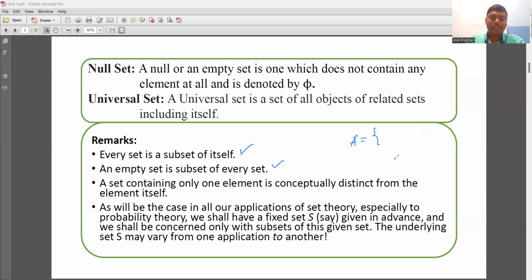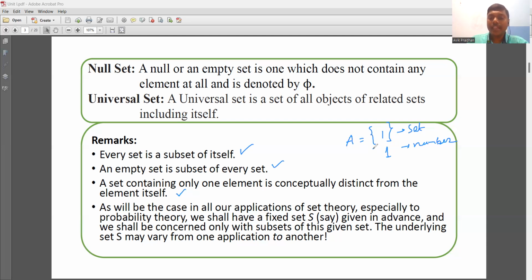And the third remark is that a set containing only one element is conceptually distinct from the element itself. What does that mean? That means if I consider A equal to singleton 1, that is a set, but 1 is a number. So these two things are different.